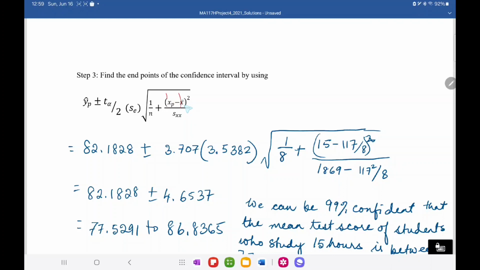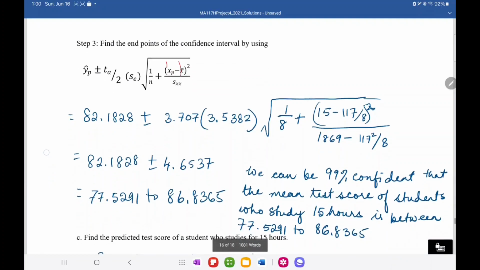All right, so make sure you understand that and calculate that correctly. S sub xx should already have been calculated previously from a previous part of the question. Again, you have to make a note of that, and so would S sub e would already be calculated previously.